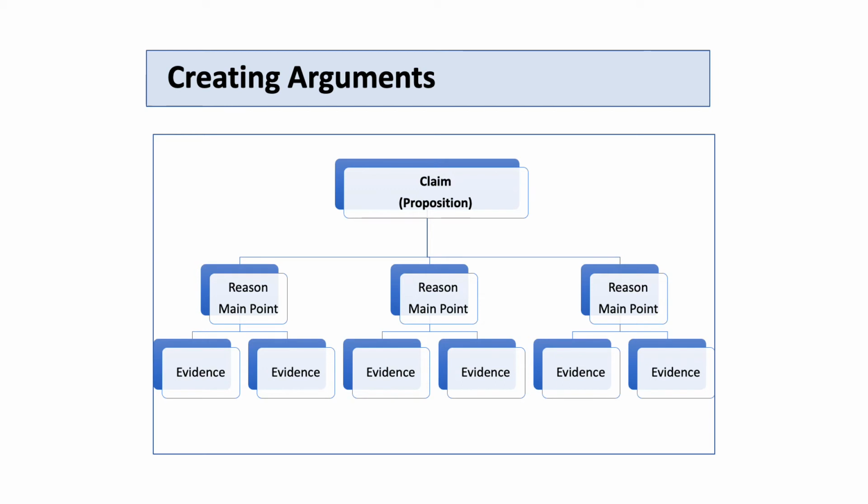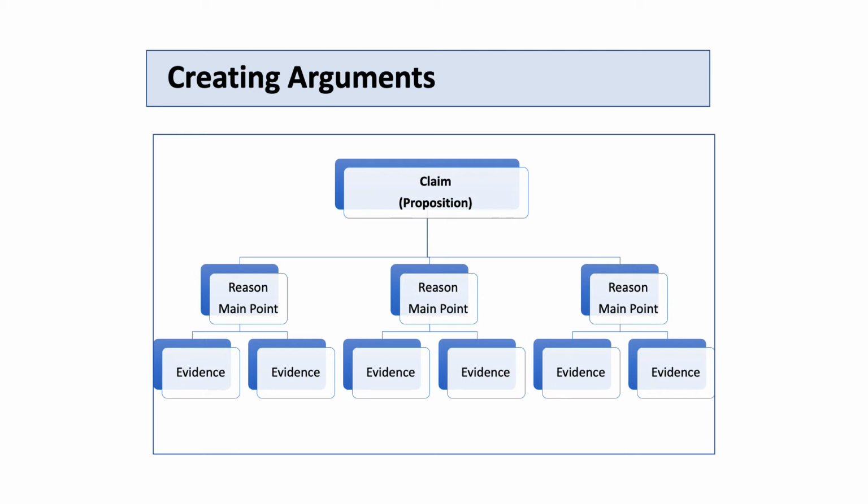If you happen to be more visual when you are persuading, maybe this tree would be helpful. You have your claim, your proposition, or what you're arguing up here at the top. And then you would have your reasons. Your reasons would be basically like your main points for what you're arguing, right? And then you would have evidence that supports each main point. So if that helps you, sometimes it does.